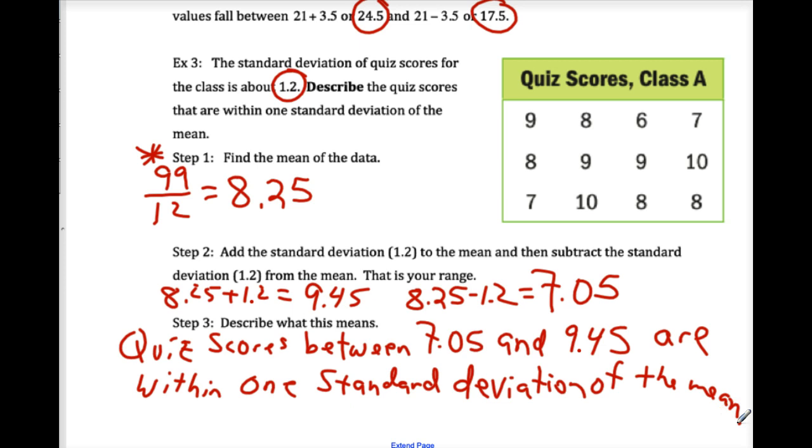Mean means average. If you don't write the word average, it's fine. So all the quiz scores between 7.05 and 9.45 are within one standard deviation of the mean. That means they're in good shape. Quiz scores outside of that are more than one standard deviation away from the average. Let's try one more.